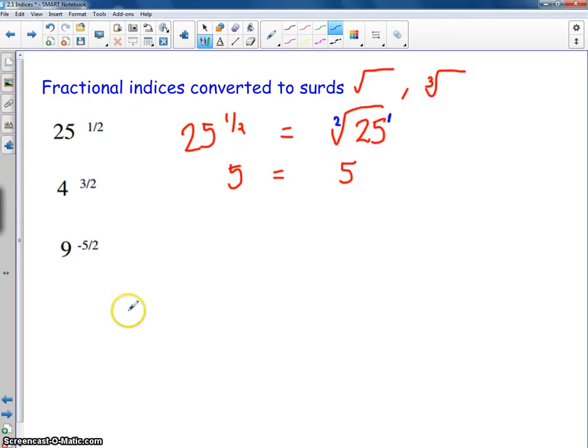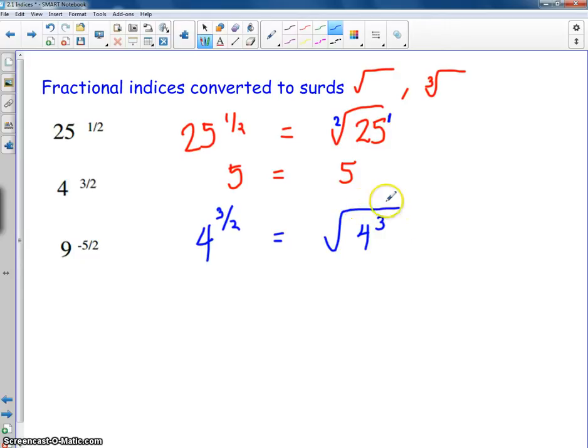Now, following that concept, how can we be sure it's really working? Let's look at the second example, 4 to the power of 3 over 2. Following that format, if I put a surd sign first, that should be 4 to the power of 3 under a square root of 2, but we don't really write down the 2.